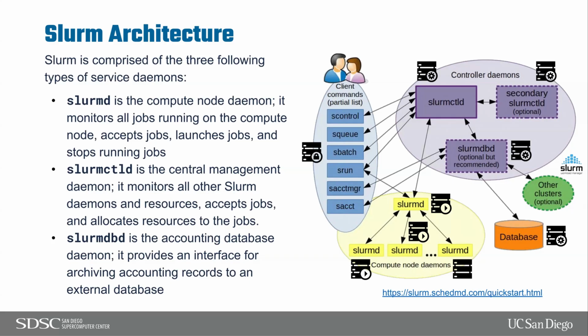Usually on the central management nodes in an HPC cluster will be running the Slurmctld. This is the central controller management daemon that is monitoring all of the Slurmds out there. It's the central hub, essentially the air traffic control tower.